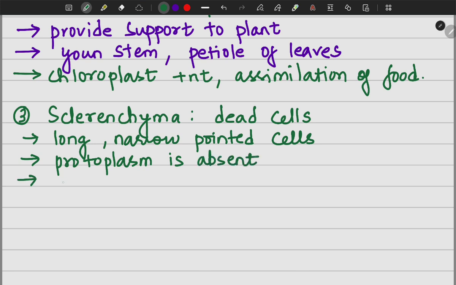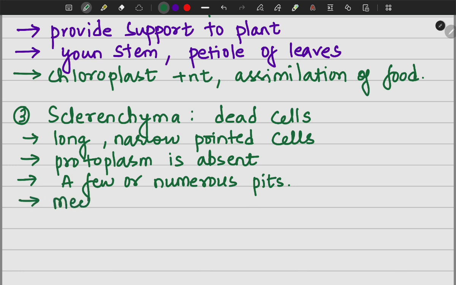They may have a few or numerous pits. What are pits? We will understand with the help of a diagram. Then they are mainly responsible for the mechanical support.